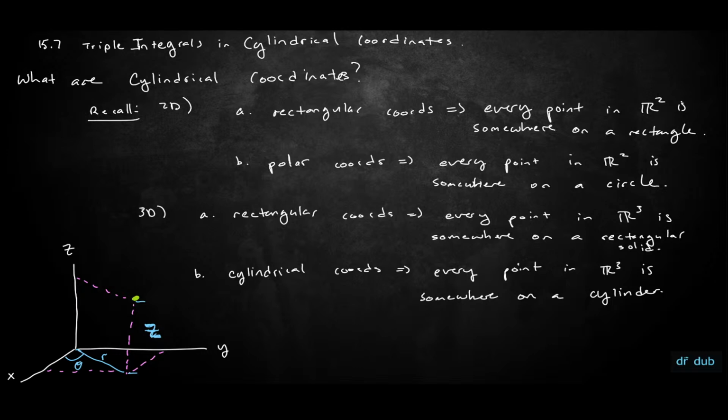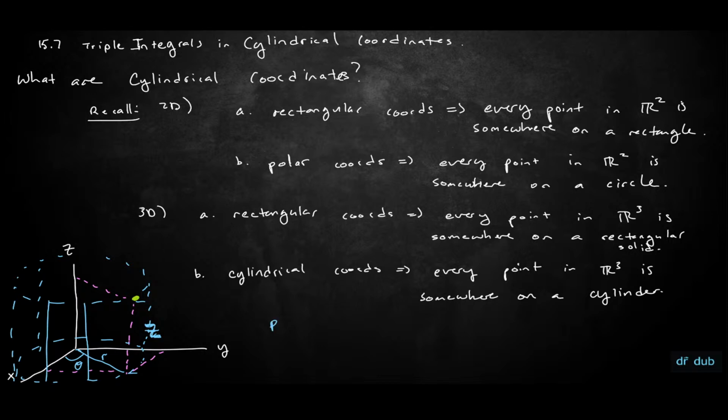And basically, if you rotate theta all the way around, you could say this is on a cylinder of radius r.